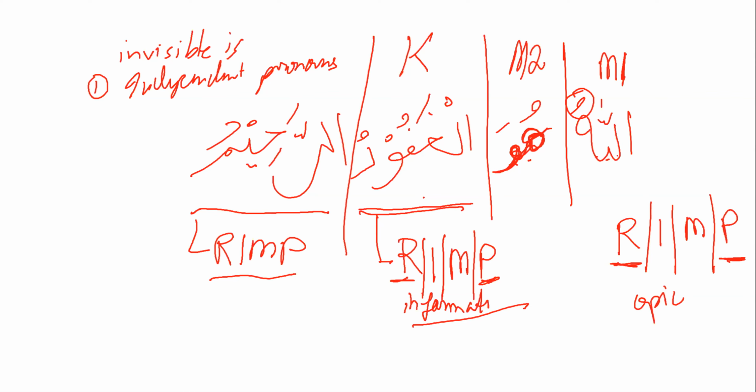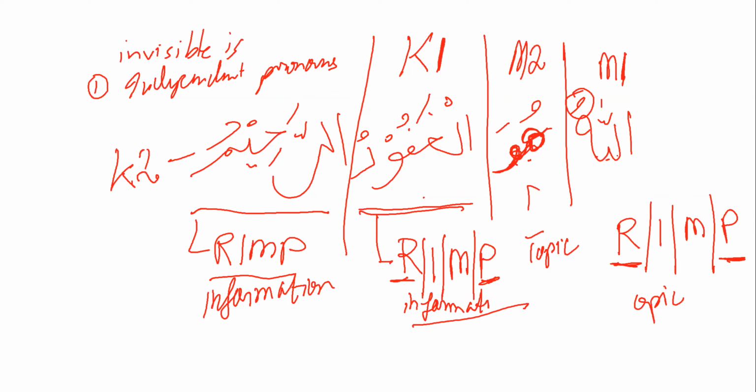So because there is no connection between al-ghafuru and ar-rahimu, and both are giving information about Allah, the topic, this is also topic. So this becomes khabar 1 and this becomes khabar 2.